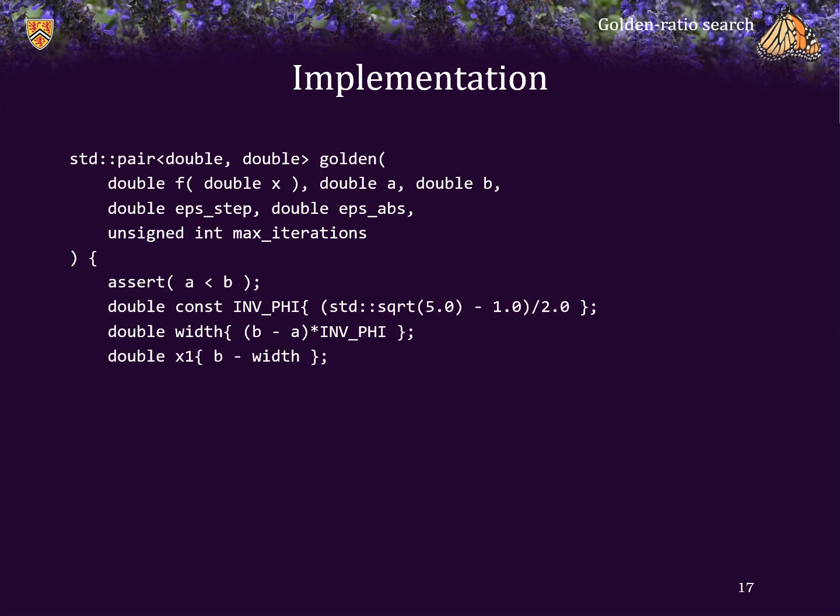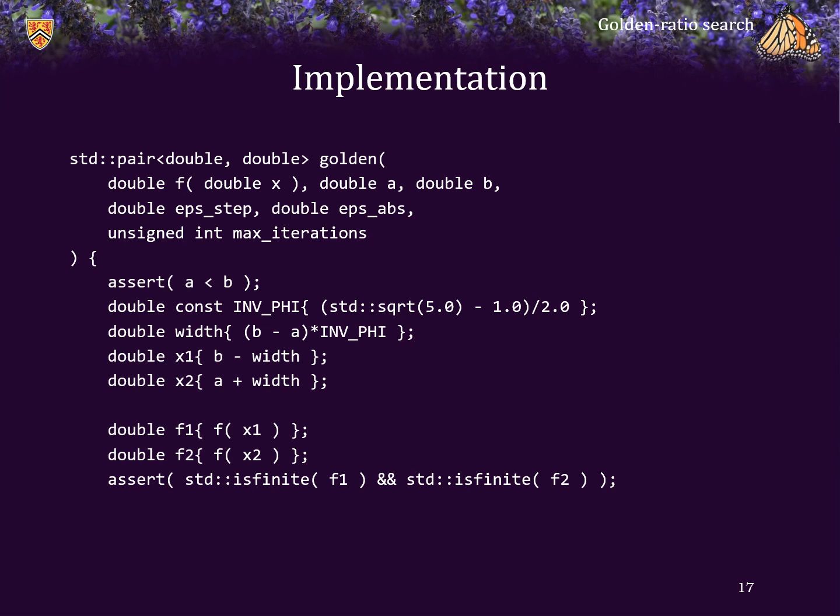All right, so now x1, the left interior point, will be b minus this width. x2 will be the right interior point, which is a plus this width. We will have two local variables, f1 and f2, which are the function evaluated at the left and right interior points. And we're just going to assert that both f1 and f2 are real and finite, not infinity or not a number.